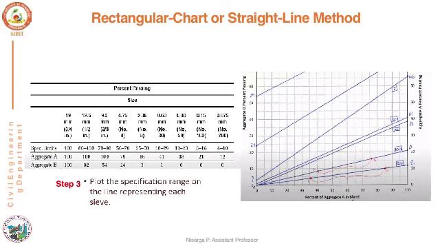I'll first take the 0.075 mm sieve, because the bottommost line here is for number 200, or 0.075 mm. So now on this particular line we have to plot the specification range.